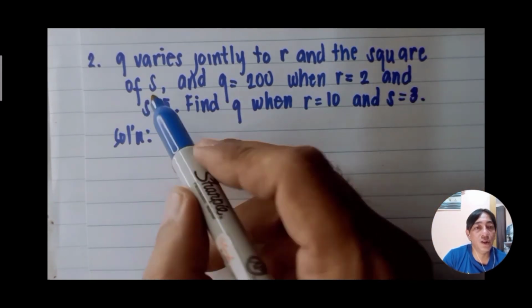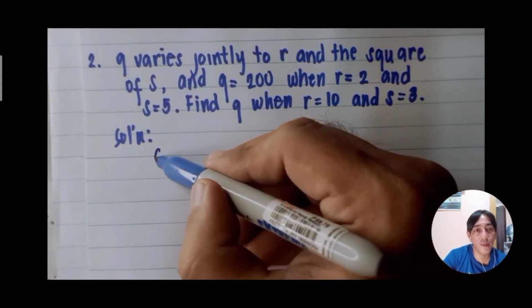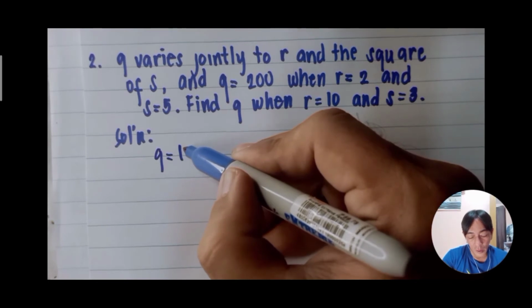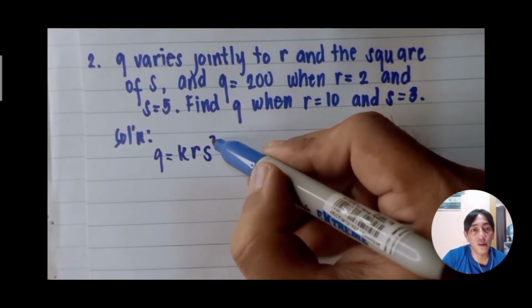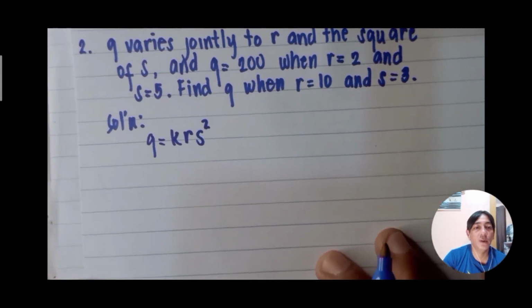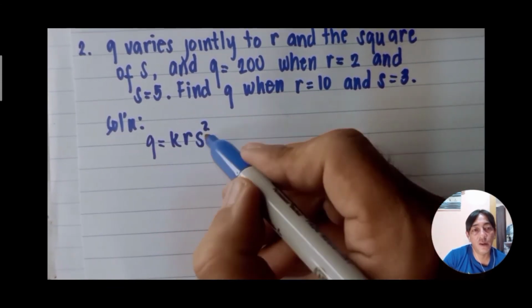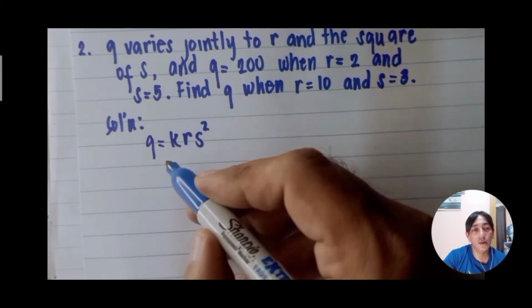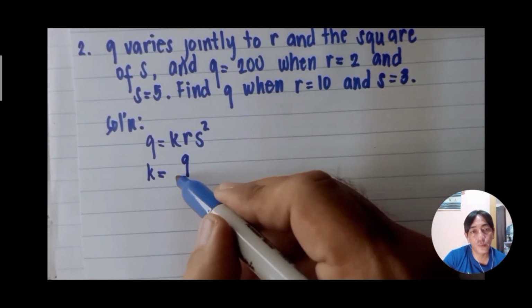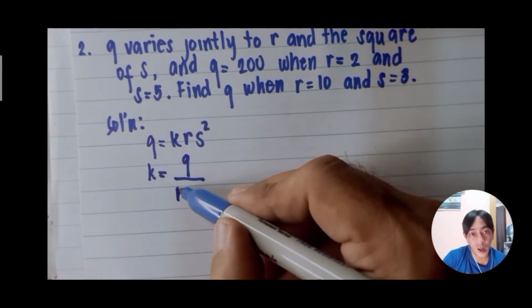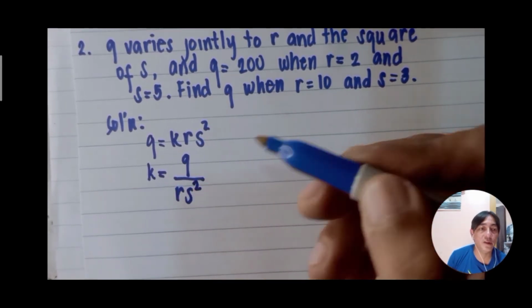So q varies jointly to r and the square of s means q is equal to k times r times s squared. Okay, so para makuha natin yung formula for k or equation ng constant will be k equals q over r times s squared.